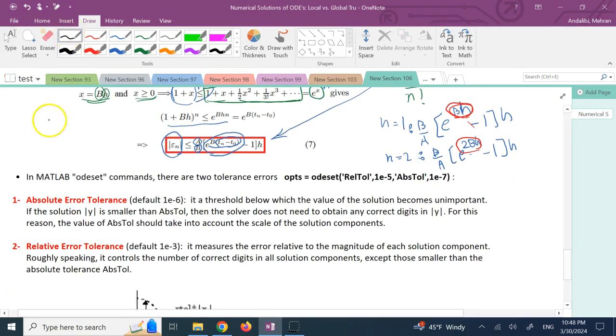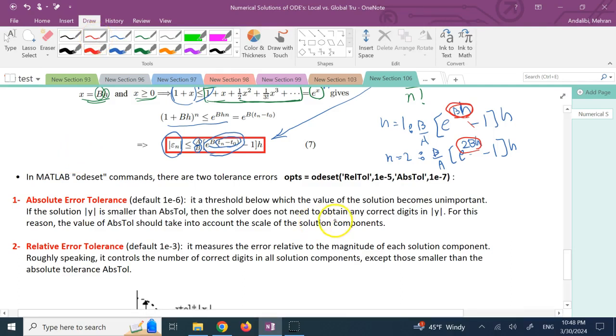That as you move on with further time steps and you move on in the time domain or in the independent variable, whatever it is, expect that the error of your numerical solution grows exponentially. Okay, and that is very important.